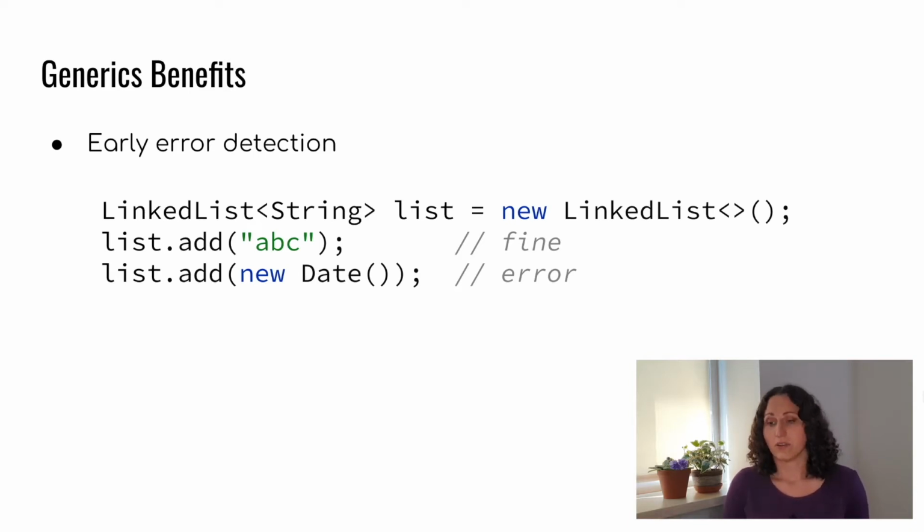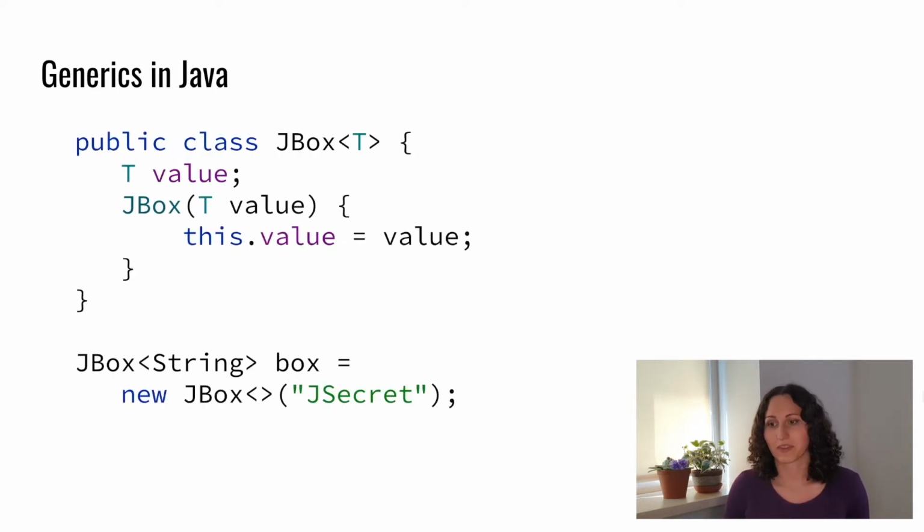But if you try to add some other object, there will be a compilation error. So generics allow you to check your code quickly, early, right during compilation phase, so you won't get such errors at runtime, which is really great.